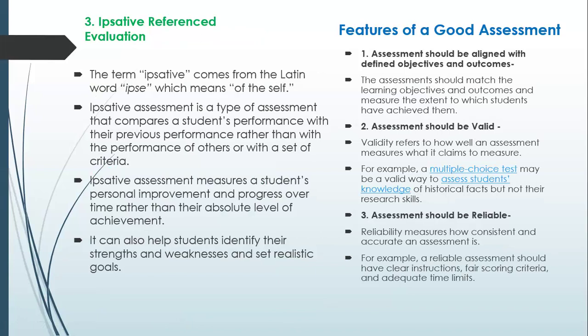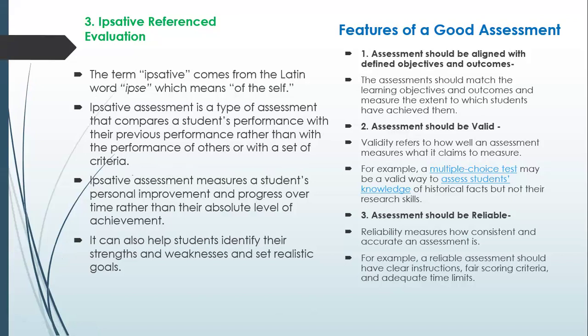We don't assess the student with reference to others' performance, but with reference to the student's own performance. It is a type of assessment that compares a student's performance with their previous performance rather than with the performance of others or with a set of criteria. We don't use any criteria. We don't use a reference to other groups.